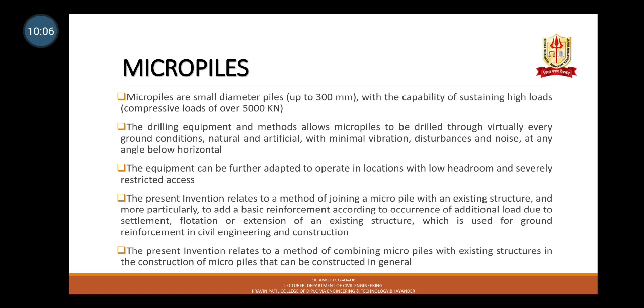The drilling equipment and the methods allow micropiles to be drilled through virtually every ground condition, natural and artificial, with minimal vibration, disturbance and noise at any angle below horizontal. This equipment can be further adapted to operate in locations with low headroom and severely restricted access.